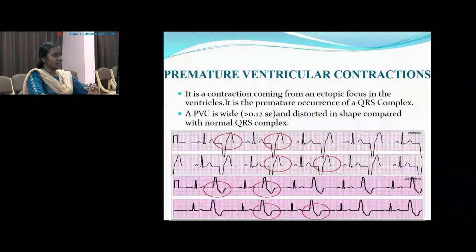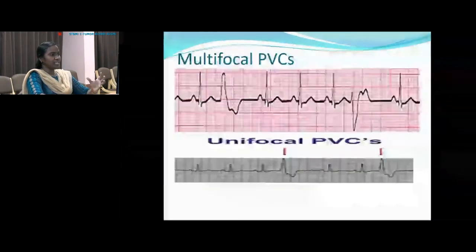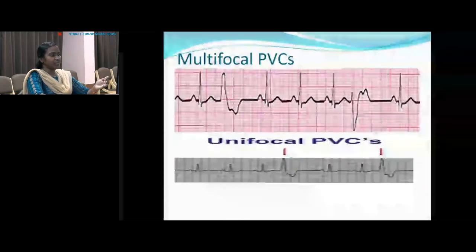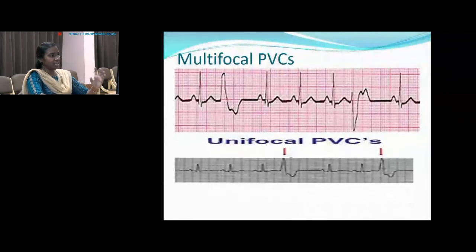Why does this premature beat occur? Before the normal origin, the ectopic origin of electrical impulses takes place. So premature ventricular contraction occurs. There are two types of PVCs that can occur: multifocal PVCs and unifocal PVCs. When we observe an ECG strip, we must be able to identify immediately whether it is a multifocal or unifocal PVC.